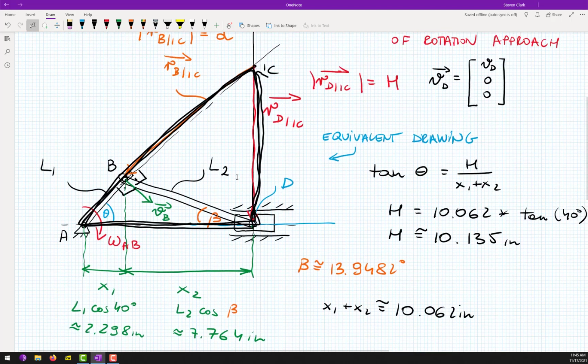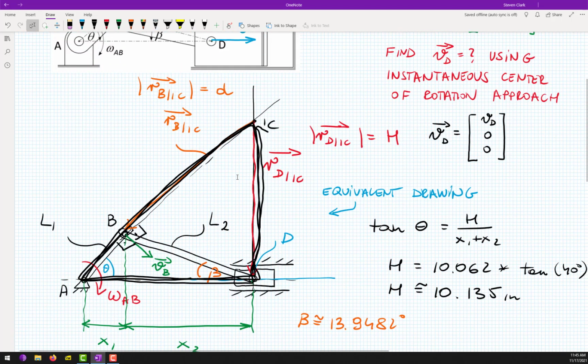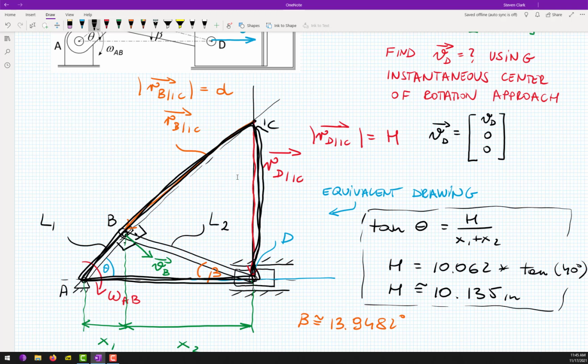And now let's find d. Also based on this black triangle, cosine theta is equal to x1 plus x2 divided by L1 plus d, right?